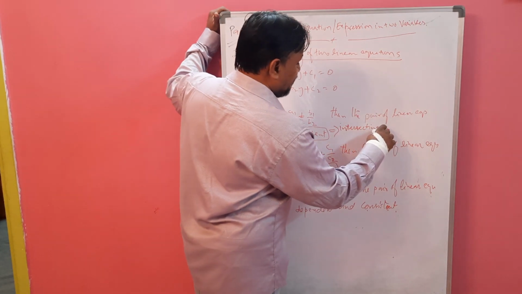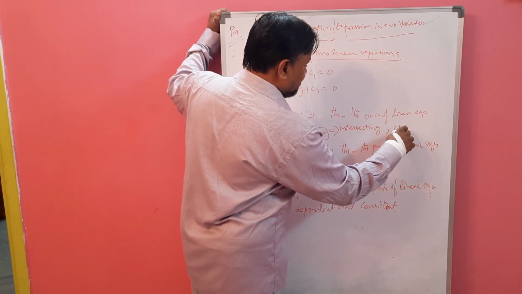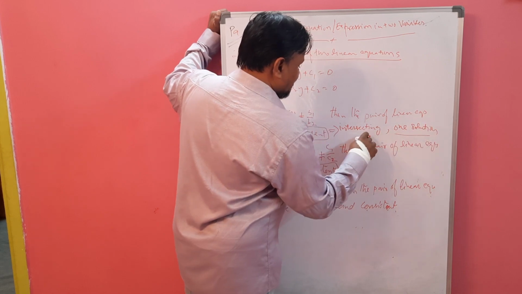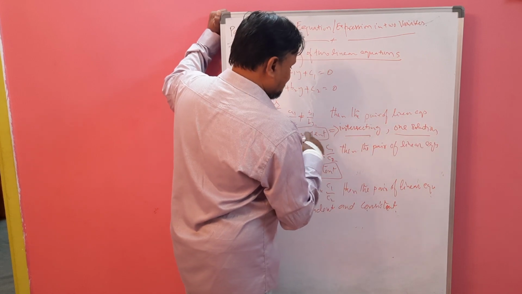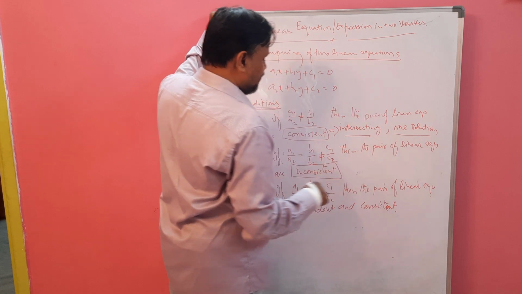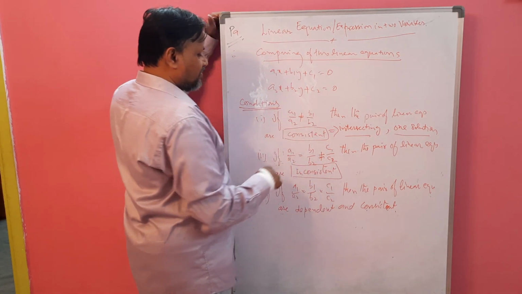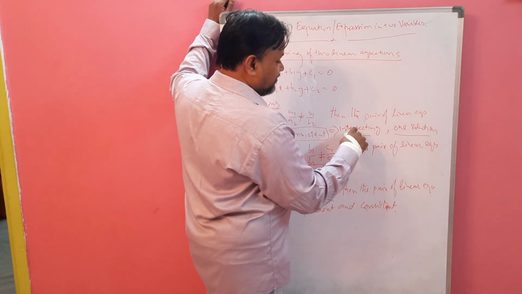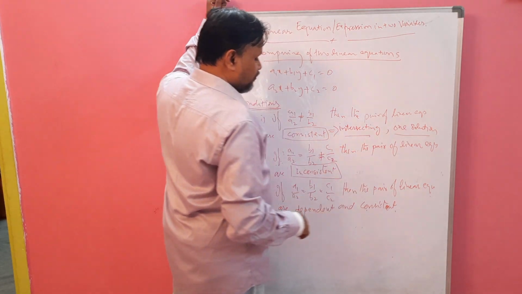So we will get one solution. This is a very important point. This is consistent, with intersecting lines and one solution.